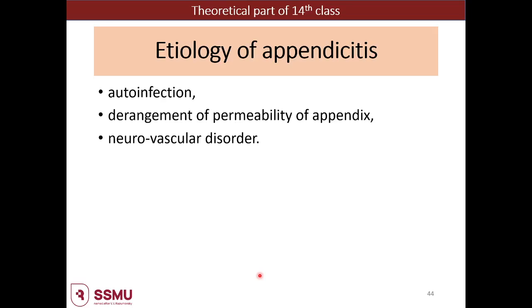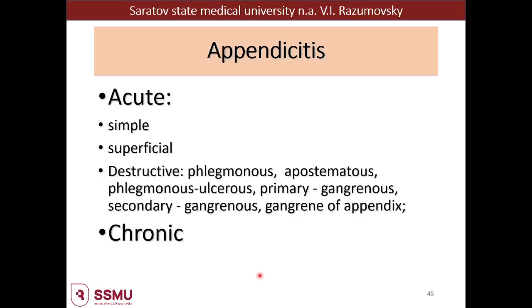According to morphology, there are acute and chronic types of appendicitis, and acute appendicitis may be simple, superficial, or destructive, and the destructive forms may be phlegmonous, apostematous, phlegmonous ulcerated, primary gangrenous, secondary gangrenous, and also gangrene of the appendix.